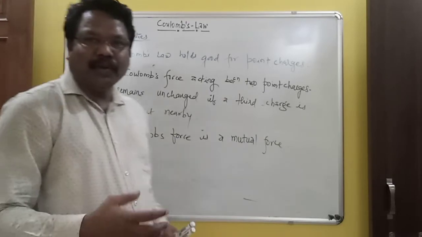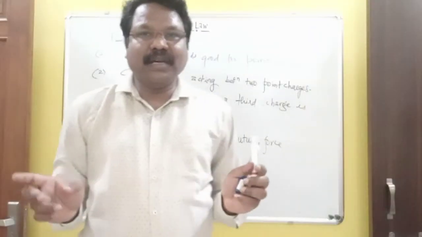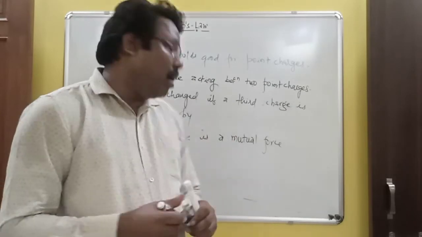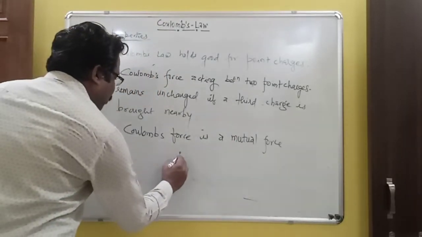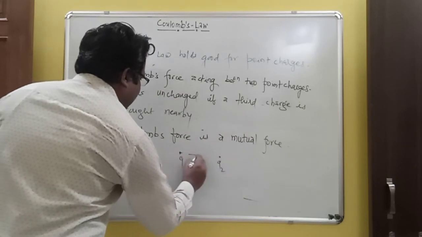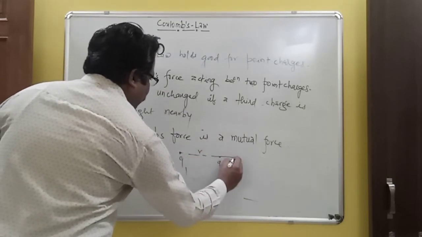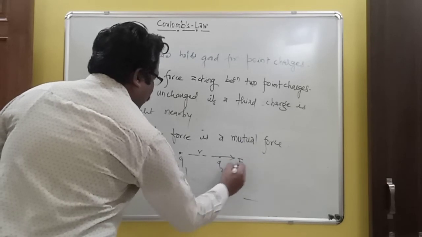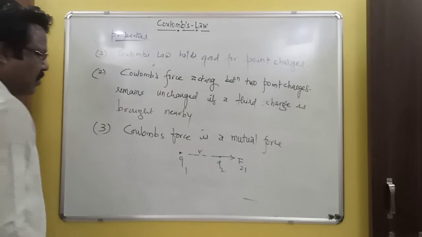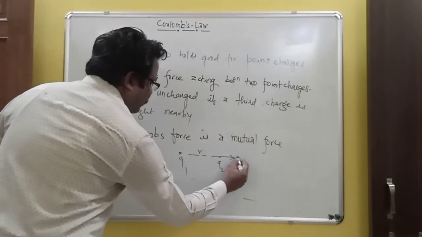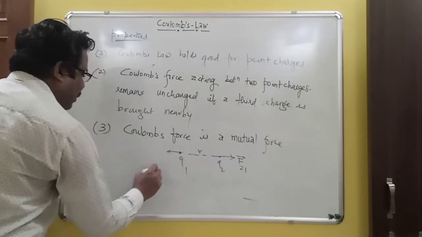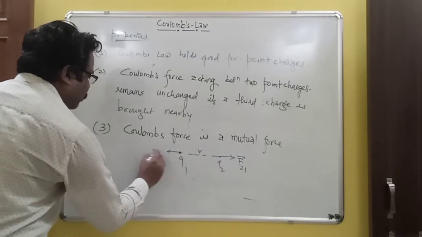What is the meaning of mutual? Mutual means the two charges exert equal and opposite forces on one another. How? If you have this point charge Q1 and this point charge Q2 at a certain distance apart, the force which Q1 will exert on Q2, force on 2 due to 1, and the force which Q2 will exert on Q1, that is force on 1 due to 2.